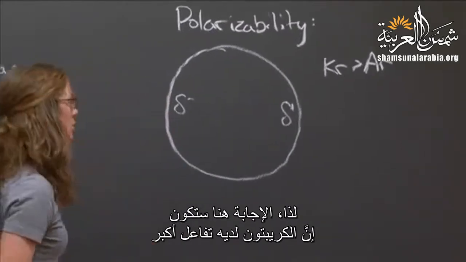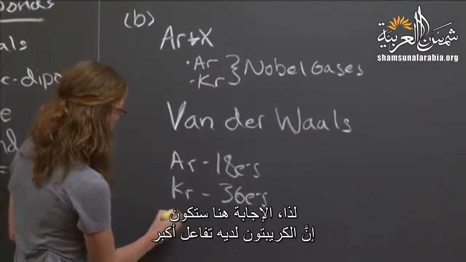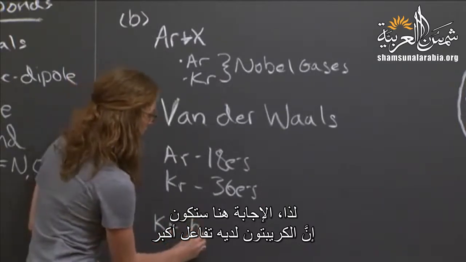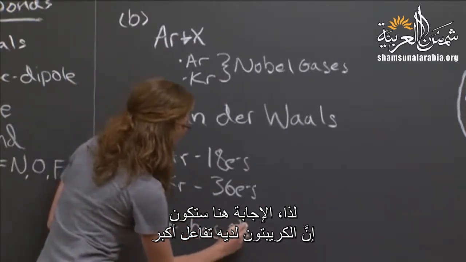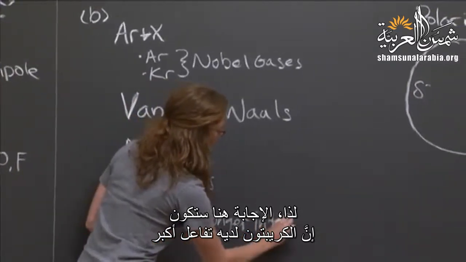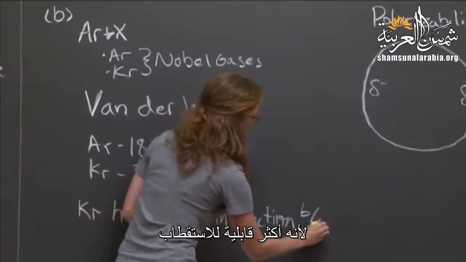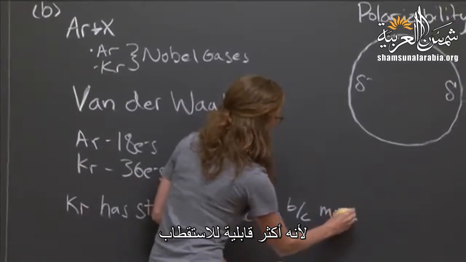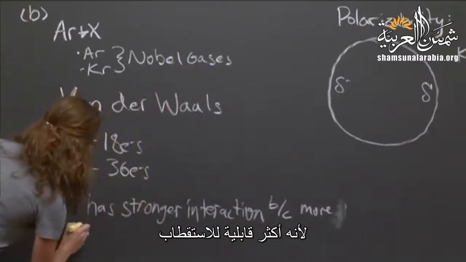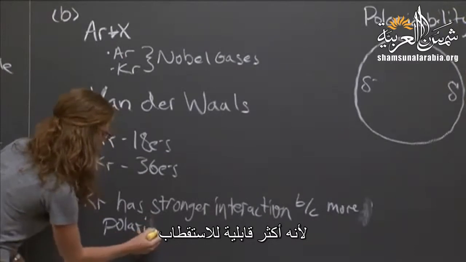And so the answer here would be that krypton has a stronger interaction because it is more polarizable.